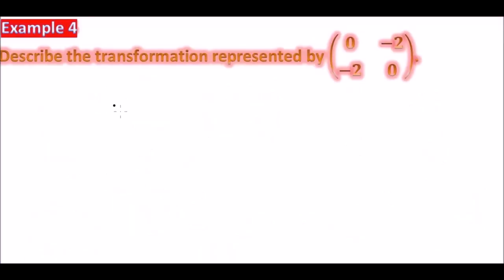In our example 4, we are required to describe the transformation represented by our matrix, which is 0, minus 2, minus 2, 0. What we are going to do is to pre-multiply this with our unit square matrix. So we have 0, minus 2, minus 2, 0.